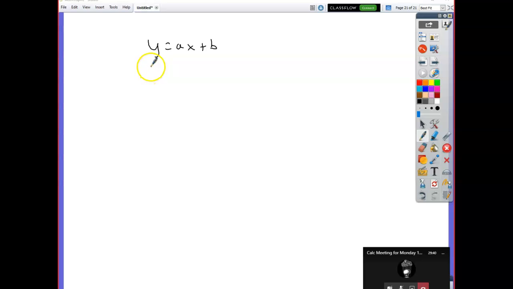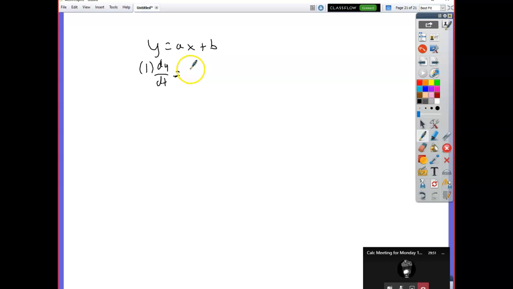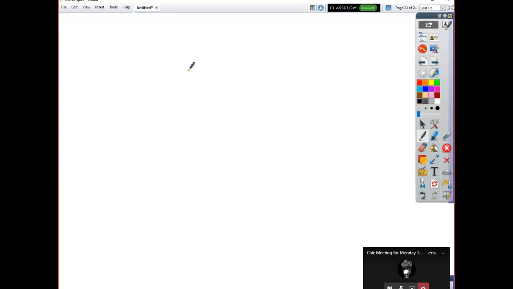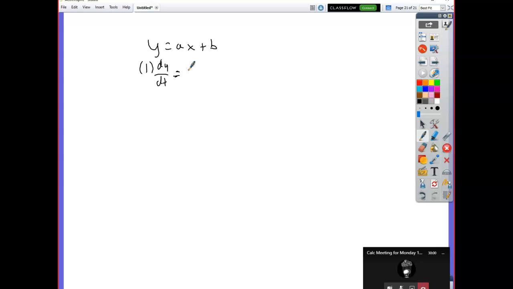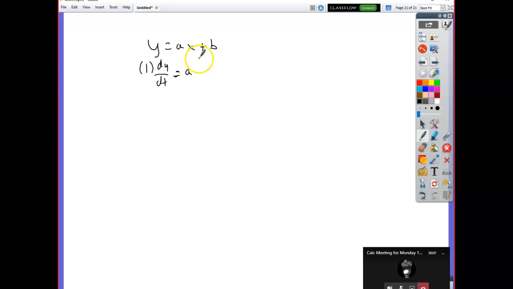Would that just be 1 with dy over dt equals... A is a number in this context. We're going to leave it alone. So then would we put 1 in place of x, so a, or no, the derivative of 2x would be 2, right? Yeah. And that's the chain rule, right?